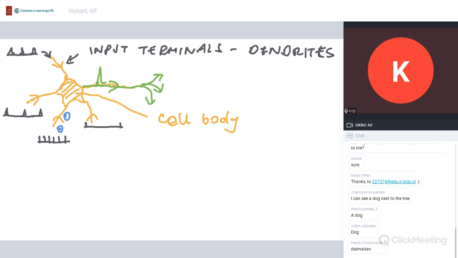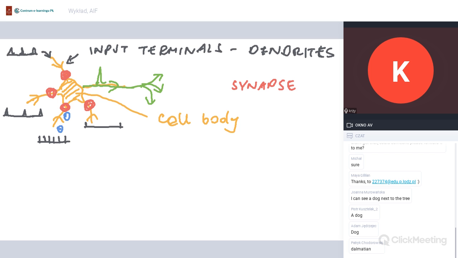One thing that is very important for neurons is that at every input we have a structure that is called a synapse. A synapse is a kind of device that is using some complex electrochemical mechanism, and this mechanism is modifying the influence of the input on the cell body.